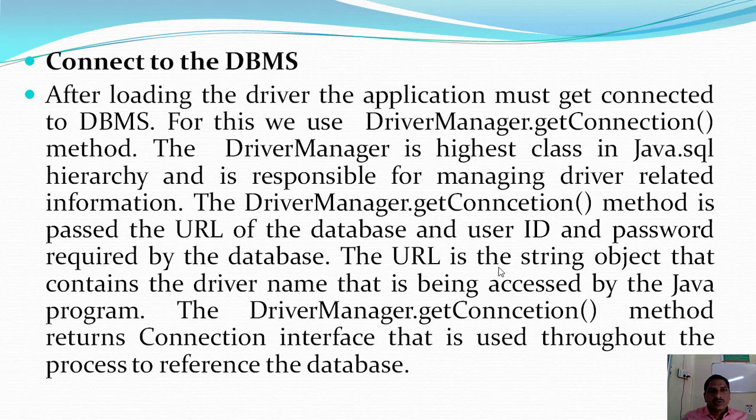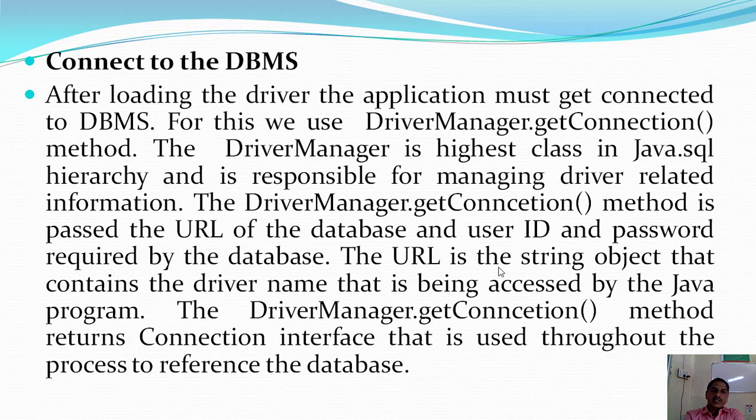Next is connecting to the DBMS. After loading the driver, the application must get connected to the DBMS. For this, we use the DriverManager.getConnection method. The DriverManager is the highest class in the java.sql hierarchy and is responsible for managing driver-related information.